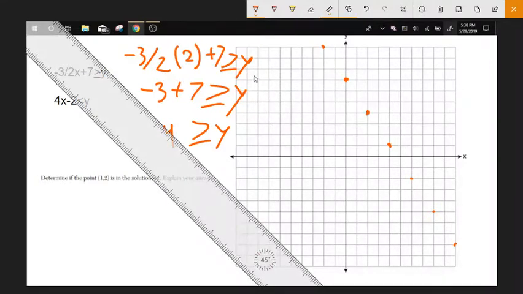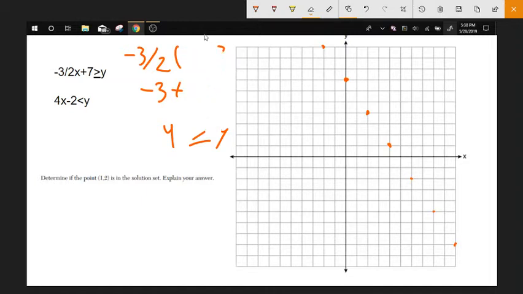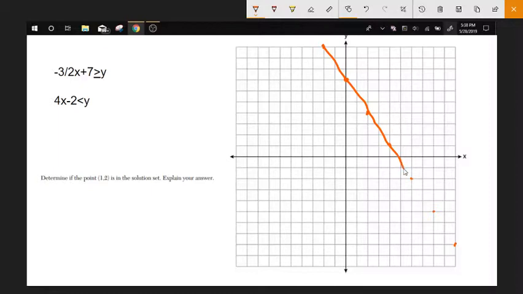Alright. And now we just draw our line through it. That's going to be a solid line because it can also be equal to each other.